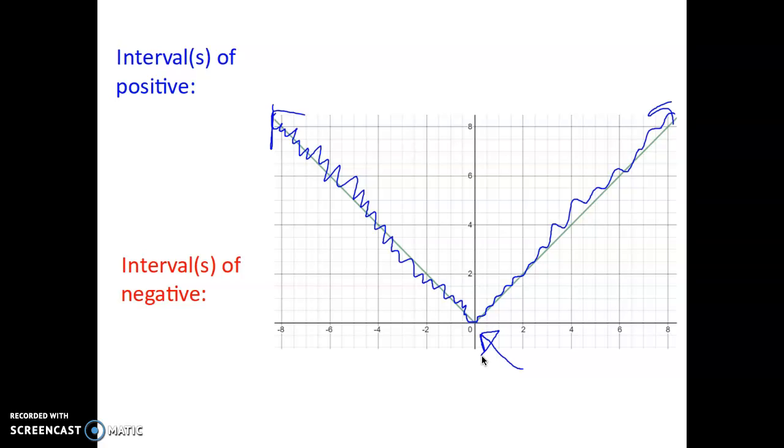That graph is actually equal to 0. So when you write your interval for positive, it's positive on the left-hand side of 0, and it's positive on the right-hand side of 0. So we're going to take away the value of 0. Do you see it's not included here or here? That's a 0, not a 6. It's not included in either place because at 0, the y value is 0.